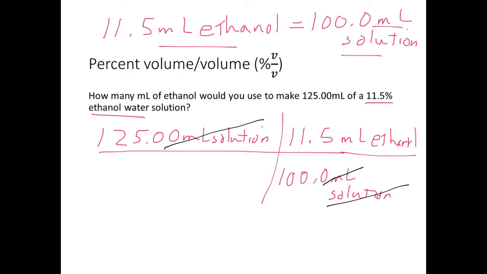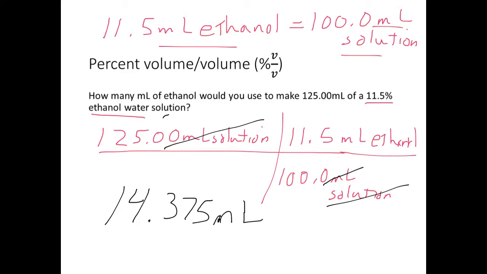Milliliters of solution is canceled out. We're left with milliliters of ethanol. Multiply everything on top, divide through by everything on the bottom. And that gives you 14.375 milliliters on your calculator.